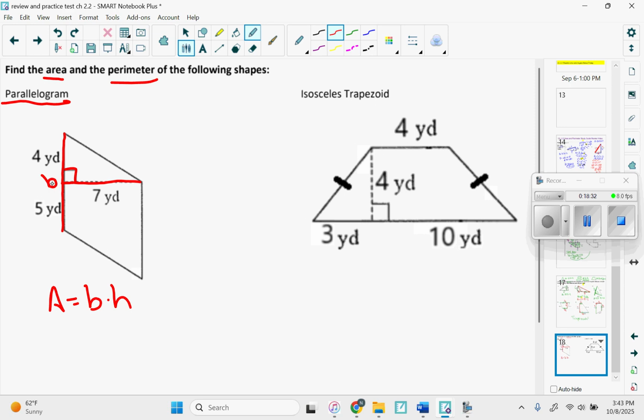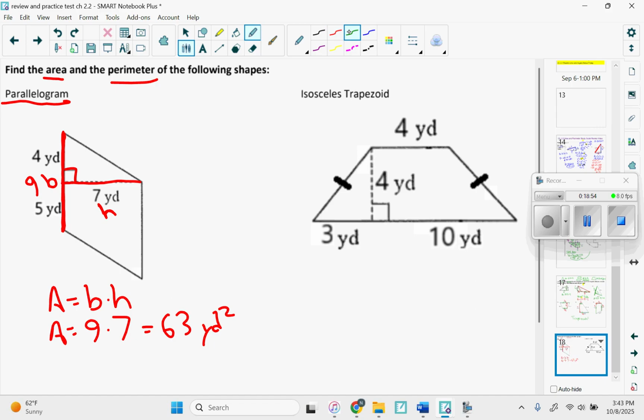So this is the base, and this is the height. And to be clear, the base is 5 plus 4, which is 9. So to get the area for this one, we're going to do 9 times 7, which is 63 yards squared.